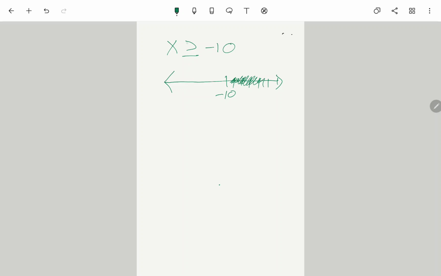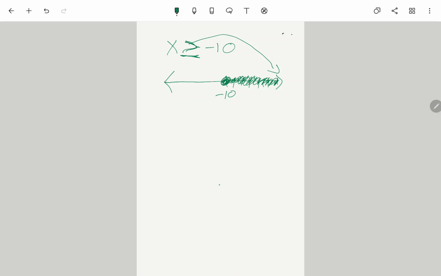Remember that the interval symbol is like an arrow, like that one. Now it's a closed circle because it's equal. So it's the same number.